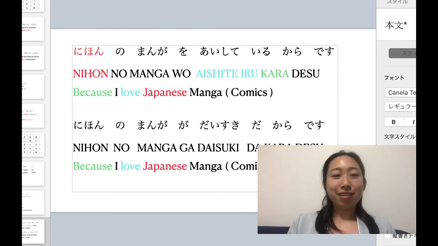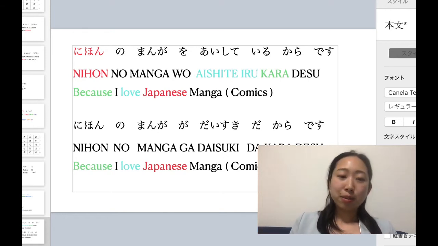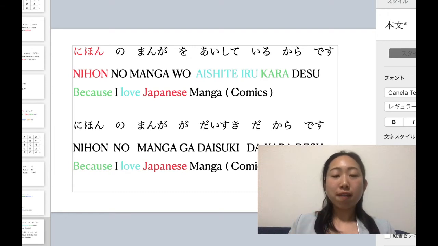So you can just use it here too. 日本の漫画が大好きだからです。So just because you need to put because, it's gonna be 大好きだからです。But if you just want to say I love Japanese manga, you can say 日本の漫画が大好きです。Okay?